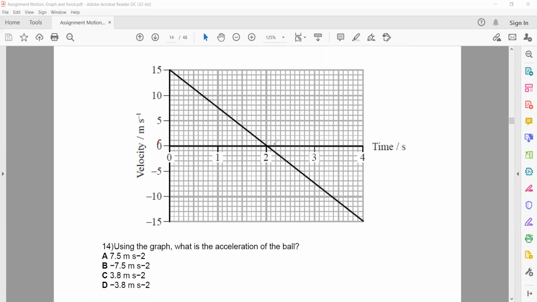If I take this time interval, the final is 0 and initial is 15. So it will be 0 minus 15 divided by 2, which is equal to minus 7.5 meter per second square. B will be the right answer for this.